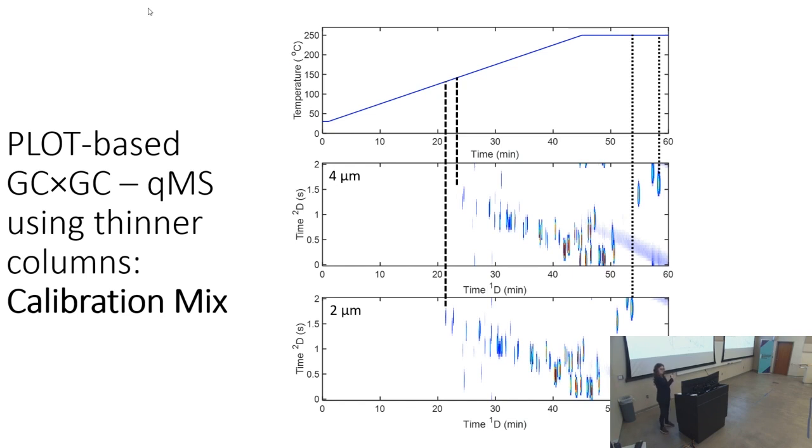So we're hoping that once we actually cut this column into a 5 meter and put that in, it will really push everything to the left, and we hopefully will be able to separate some of the more interesting things, not just gasoline and the refinery mix, but we are planning to hopefully run some terpene samples with it and all that, because if we can separate it out, it does open up this possibility to run PLOT columns for when you have something that has both the gaseous and the more liquid samples in it.